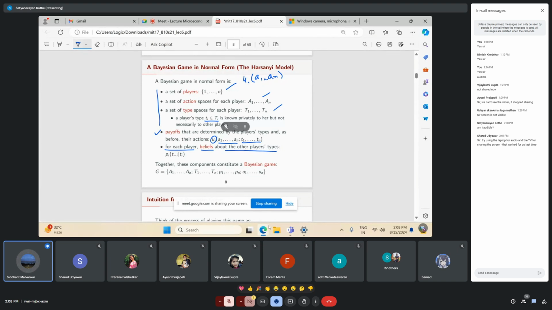So the player's type: i is the player, that is i, having some type ti. Okay, T minus i shows that this is the type which is subtracted from the total T space.